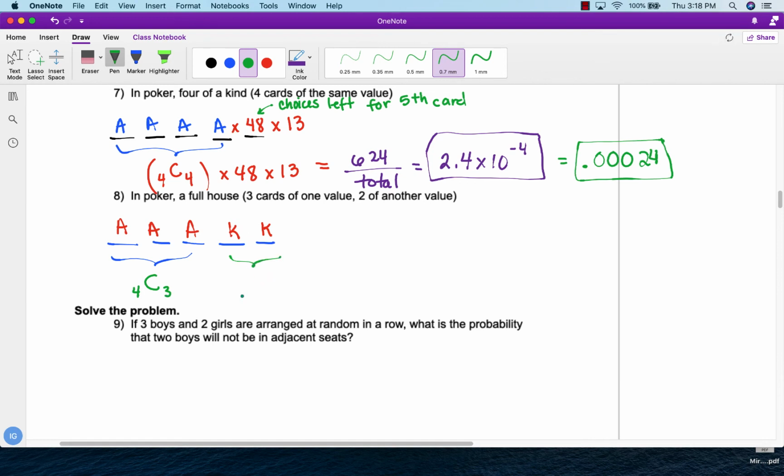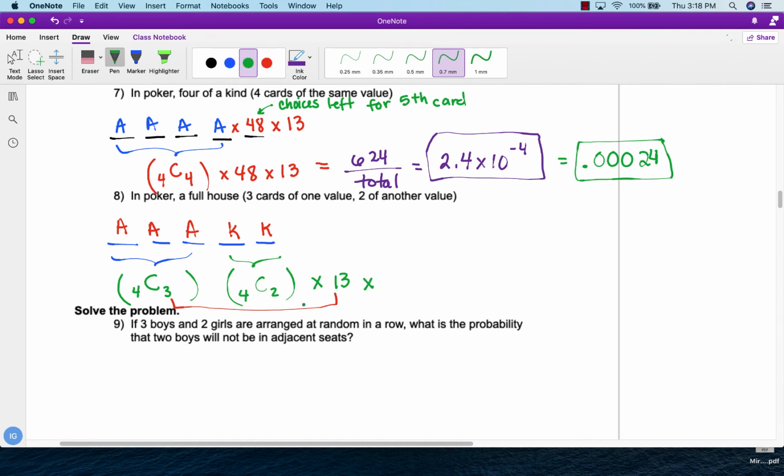And then on this one, there's 4 kings, and you're choosing 2. So we're going to multiply that. But for this card, you have 13 options, because it's 13 different cards, right? Of the same value. So that's why we're going to multiply times 13.